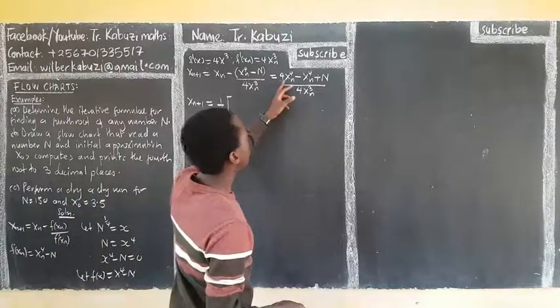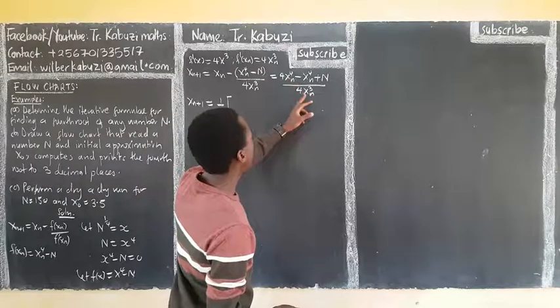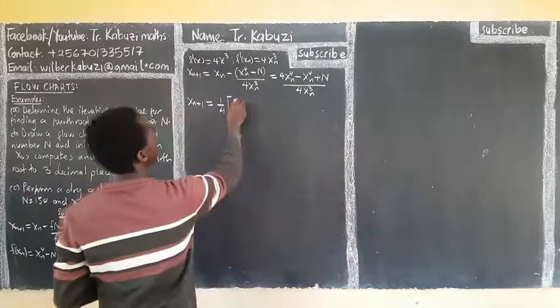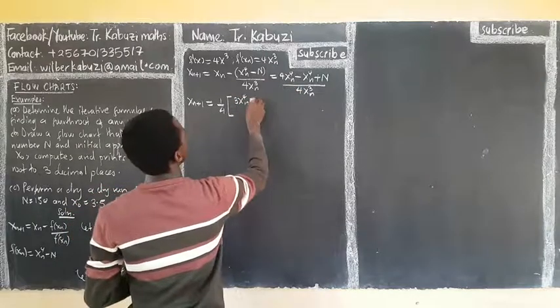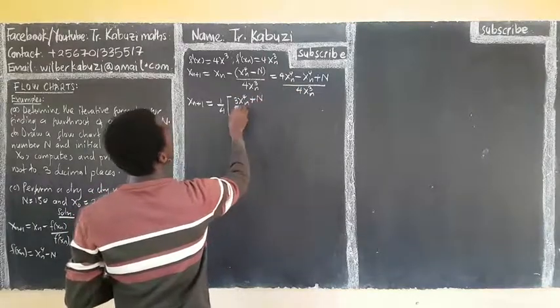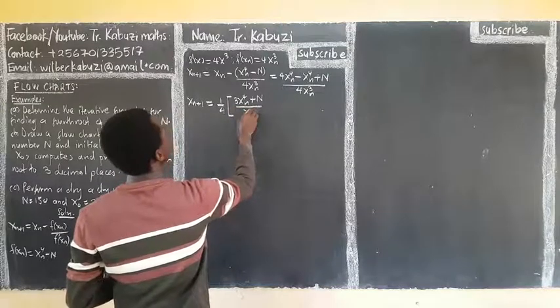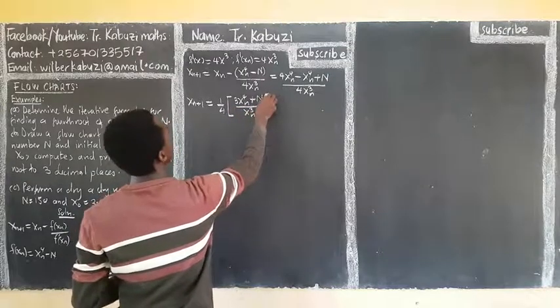You see this one is going to give me 3xn^4 if you subtract, then plus n, the whole thing now over xn^3.